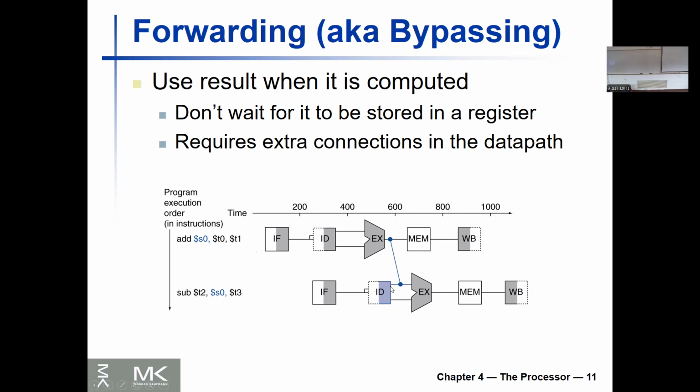We're going to read the wrong data, but as that data starts traveling, we realize our mistake. And we grab the data directly from the ALU out, from whatever the ALU created for the previous command. We didn't use it, and we're going to grab that result and put it into the ALU over here.